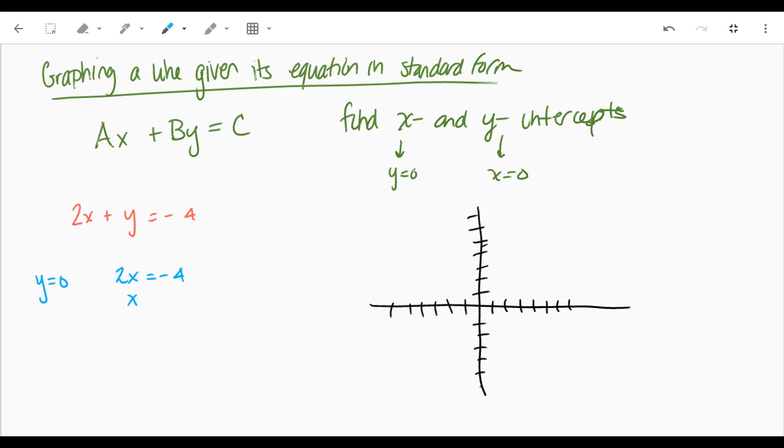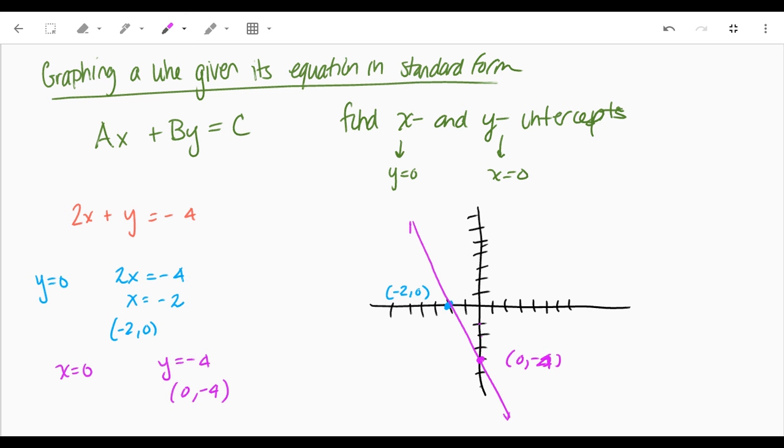Okay, so then x would equal negative 2. So when x is negative 2, y is 0. Okay, and then the second thing that we'll do is make x equal 0. So then 2x would just be 0, and y equals negative 4. So that's pretty easy. 0, negative 4 is our other point. Okay, so 0, 1, 2, 3, 4, right there. And then we just go ahead and connect those.